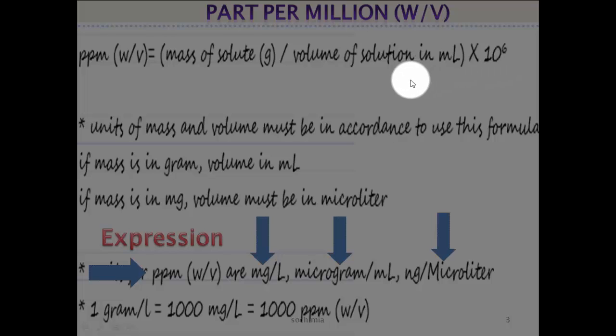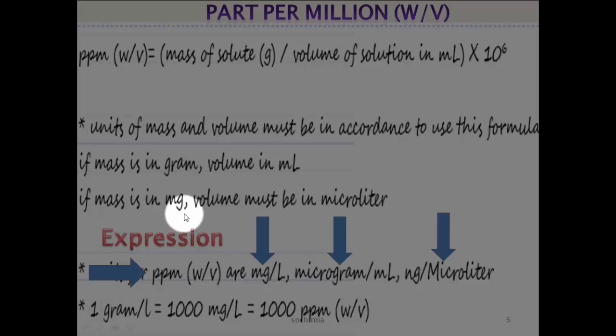So rather than using mass here in weight by volume, we will use volume here, and the point to be noted is the units again. If you are taking grams here, mass of solute, you will take ml here, and then this formula will work fine. It will give you exact value of parts per million.